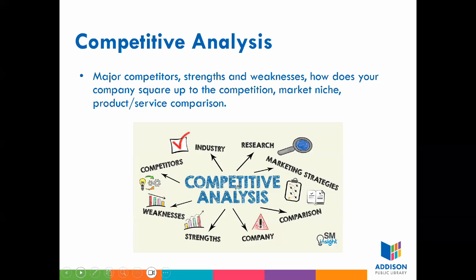The competitive analysis lists who your major competitors are, and their strengths and weaknesses. How does your company square up to the competition? That is like a SWOT analysis: strengths, weaknesses, opportunities, and threats. It covers the market niche that you're a part of, and it also includes a product or service comparison.